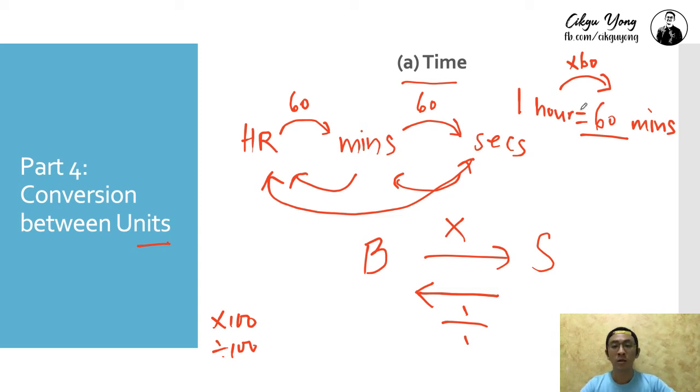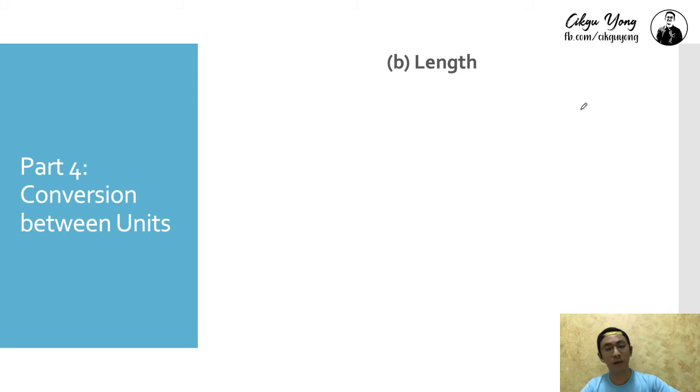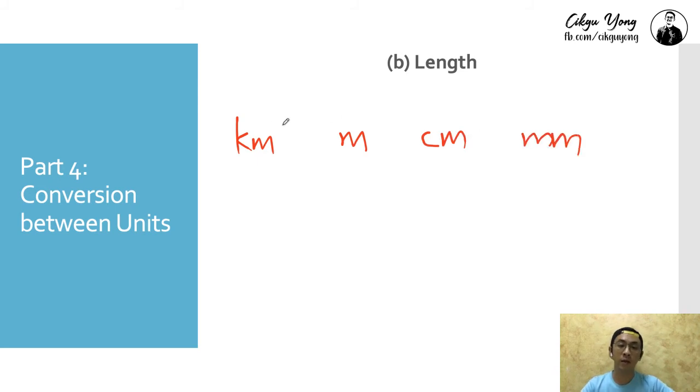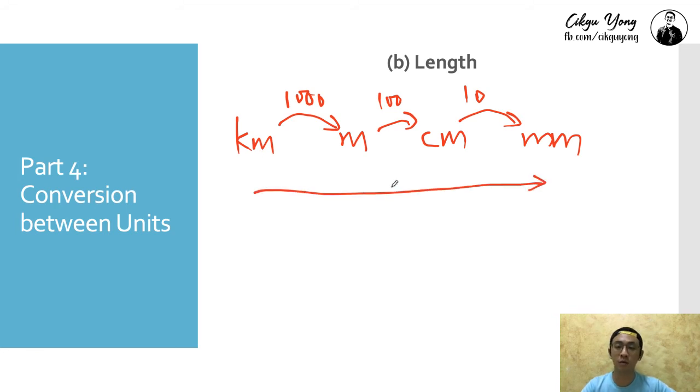All right. How about length? Length basically is much simpler. It involves km, meters, cm, mm. This is a standard one. From km to m, the numbers are 1000, 100, 10. Again, from a bigger scale of unit to a smaller one, you involve multiplication.